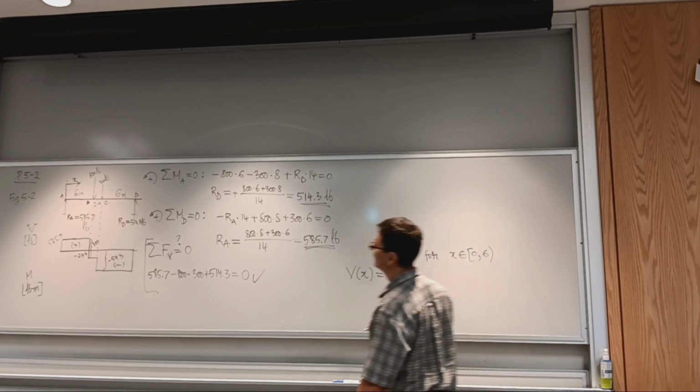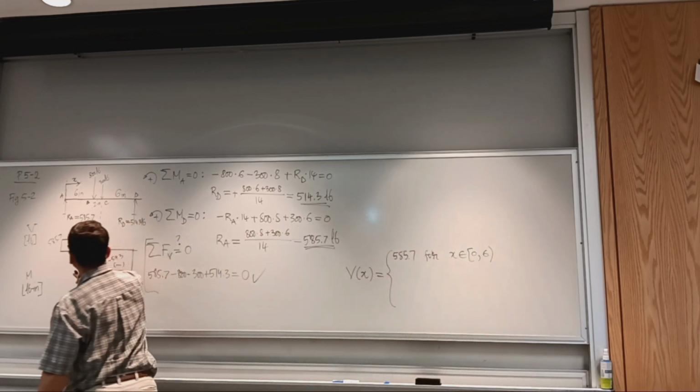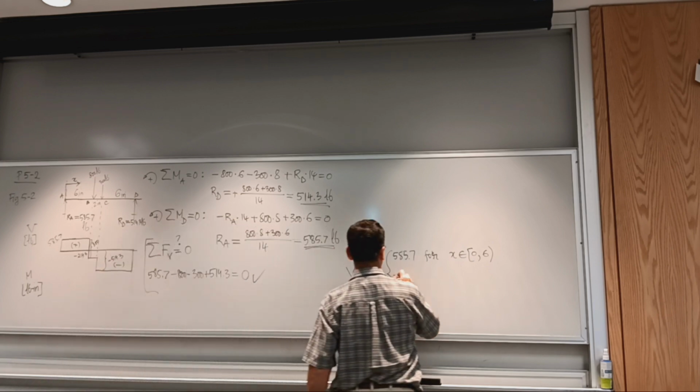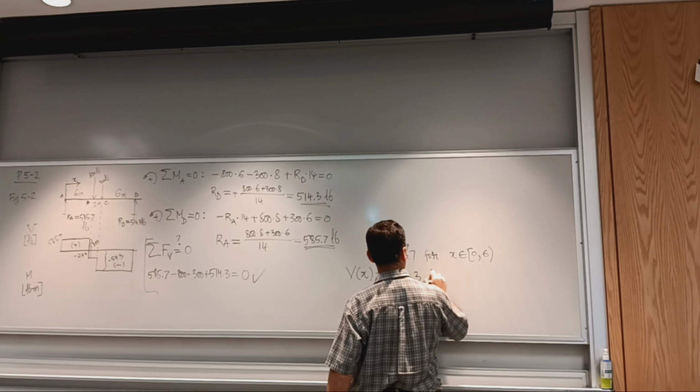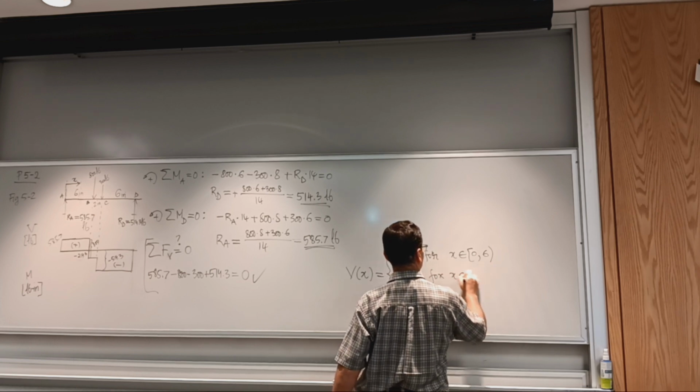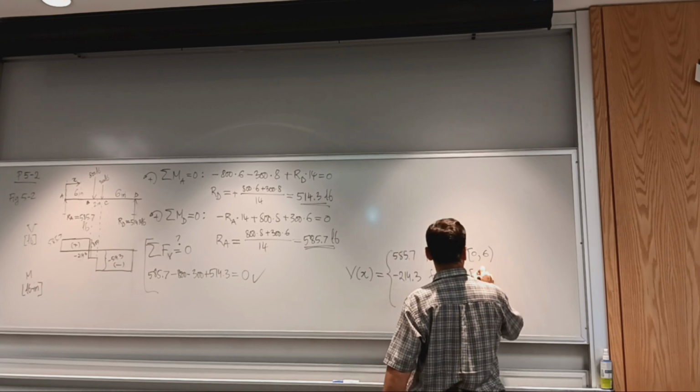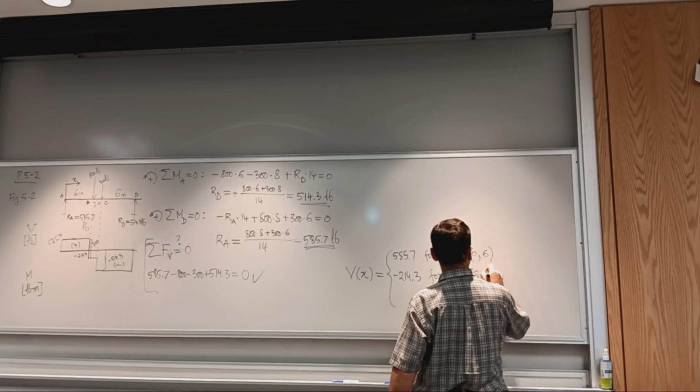And then I have negative 214.3 for x going between 6 and 8.